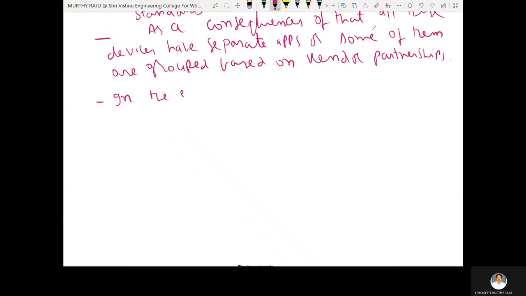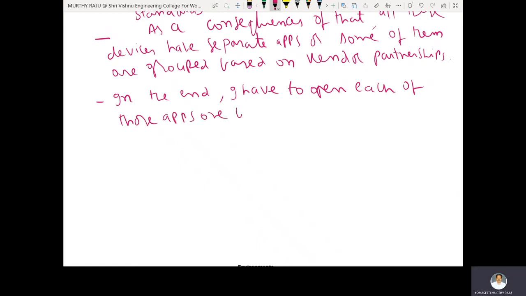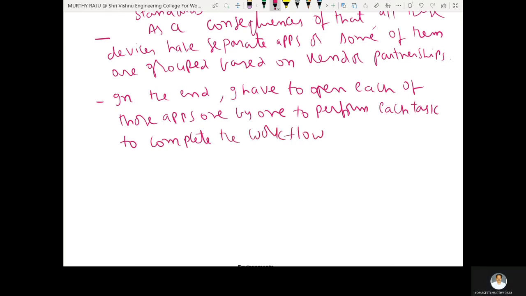Each app opens independently and performs its task.